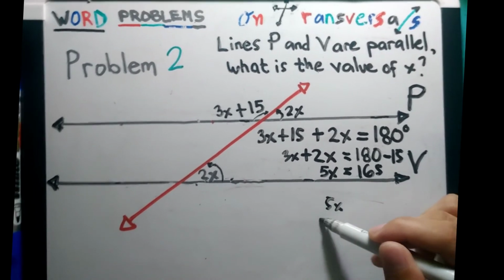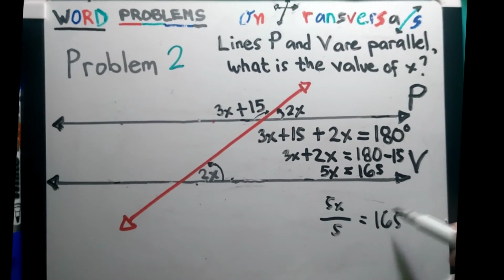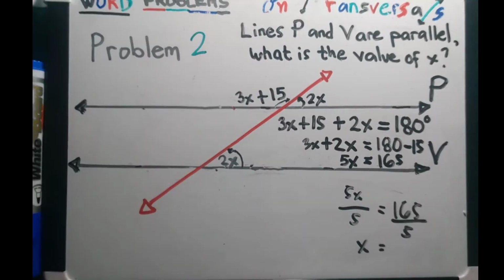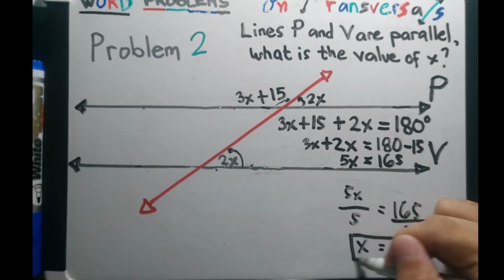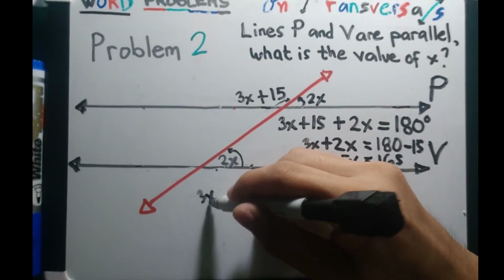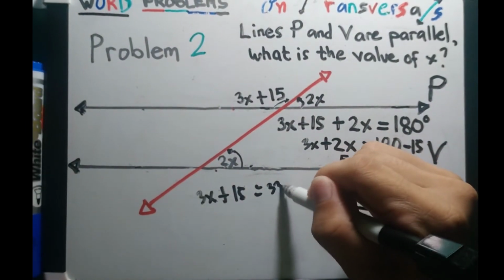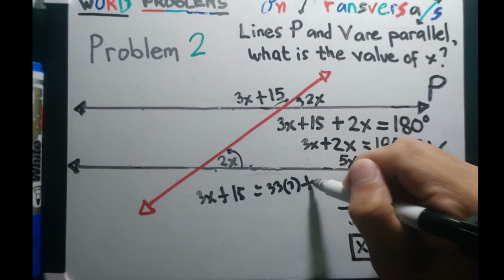We have to cancel 5, of course. Getting the quotient, the value of x will be 33. So x is equal to 33. We will now substitute the value of x to the given two angles. If x is equal to 33, then 3x plus 15 would be equal to 33 times 3 plus 15.